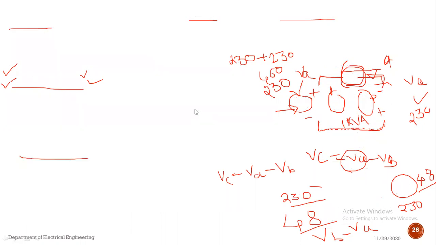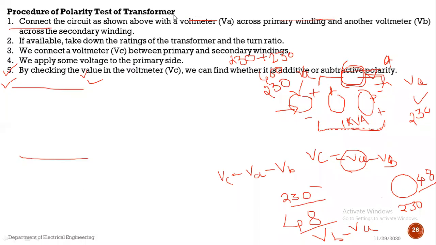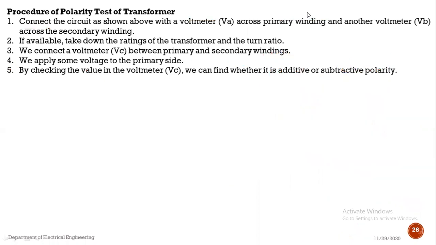Now, this is the simple method of testing. Procedure for conducting polarity test. Connect the circuit as shown above with the voltmeter VA across primary winding and another voltmeter VB across the secondary winding. जे connection दाखवलं होतं, primary winding च्या across voltmeter VA connect करतोय, secondary winding च्या across आपण voltmeter VB connect करतोय.